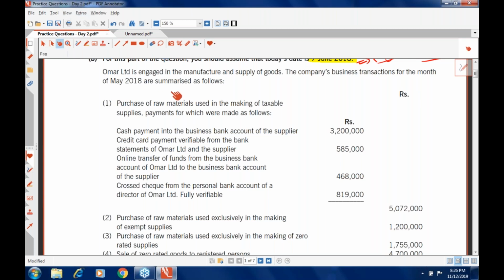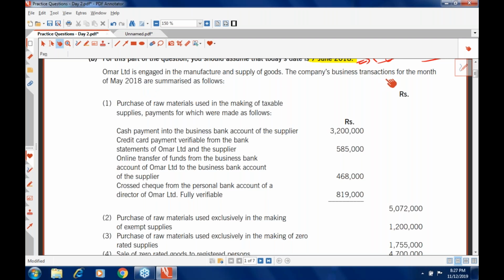Okay, let's have a discussion about this specific question. It says Umar Limited is engaged in the manufacture and supply of goods. The company's business transactions for the month of May 18 are summarized as follows.